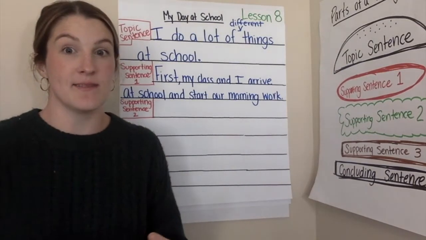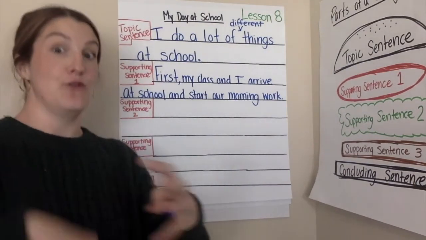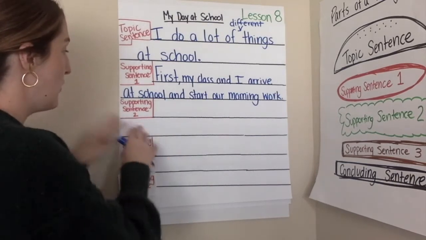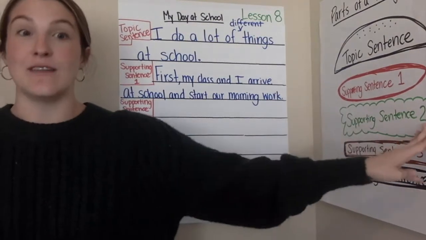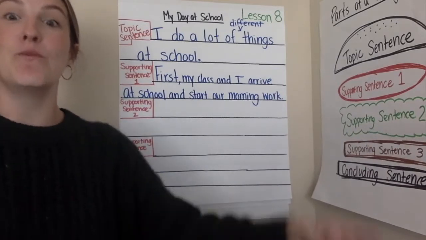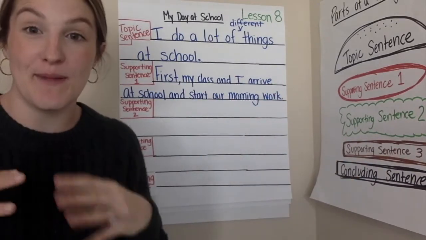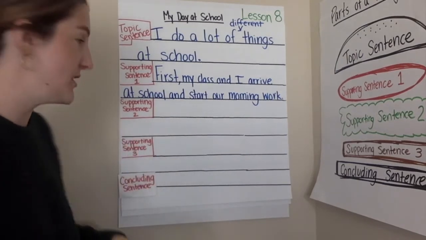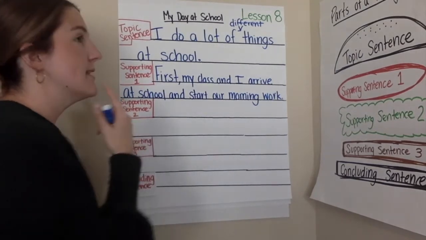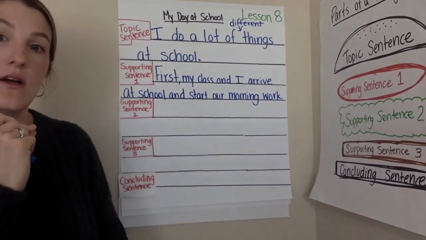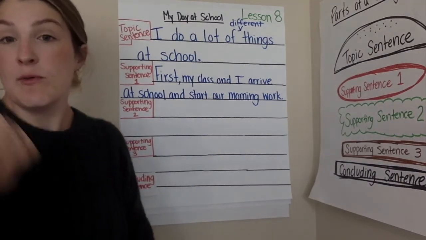Now, because I'm writing a paragraph, I still know I have to include more sentences because I'm not done yet. So I'm going to move on to supporting sentence 2, adding more toppings to my burger, adding more support to my paragraph to make it more interesting. So supporting sentence 2. What else do we do at school? We work on math and we work on reading.